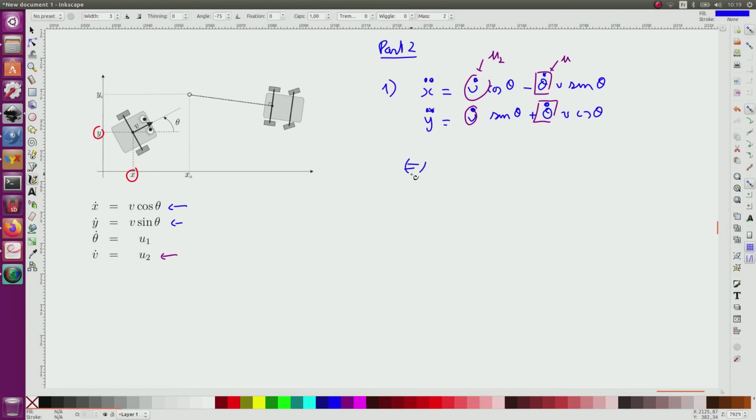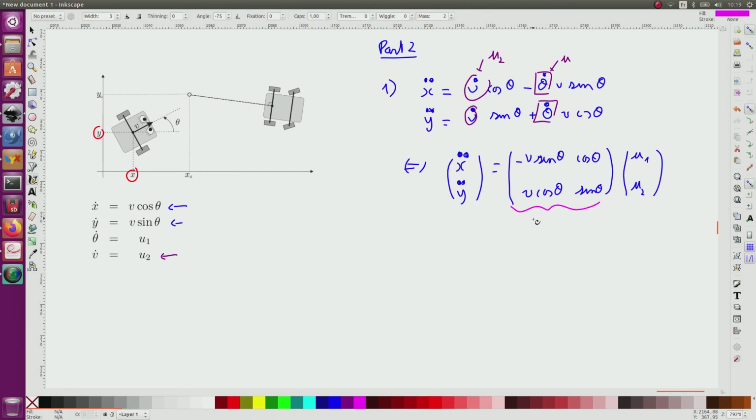Thus, I obtain in the matrix form x double dot, y double dot is equal to minus v sine theta, cos theta, v cos theta, sine theta, multiplied by u1, u2, which corresponds to the matrix A of x, where x is a state vector which is composed by x, y, theta, and v, and this one is u.